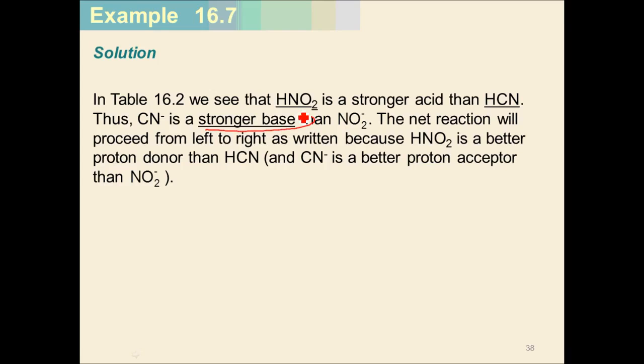Thus, CN1- is the stronger base than the NO2 1-. The net reaction will proceed from left to right as written because the HNO2 is a better proton donor than the HCN. And the CN1- is a better proton acceptor than the NO2 1-.